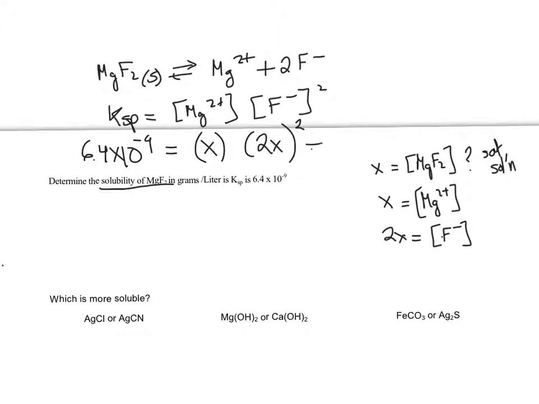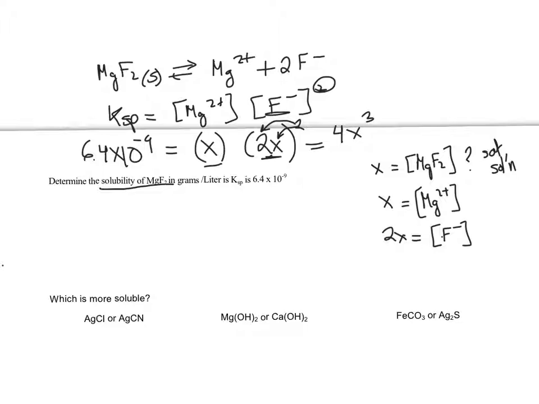Remember that the concentration of the F- itself is 2X, and so that whole thing is squared, which means that's 4X squared, and then times this X, so 4X cubed.